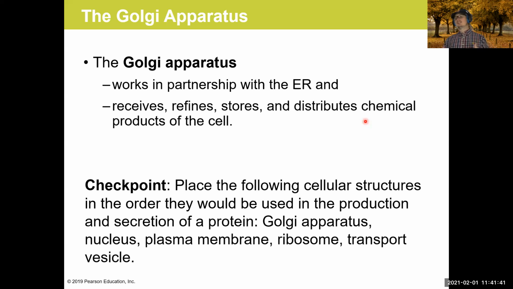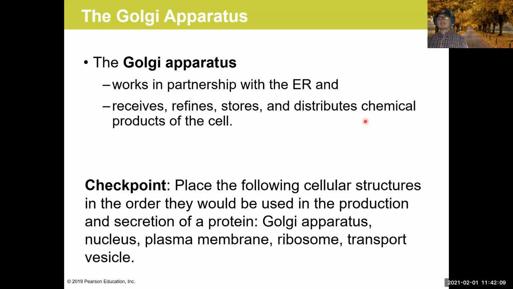And then once it needs to be transported to other places in the cell or out of the cell, it will leave the Golgi to be transported. And so that's how those two are connected, the Golgi and the ER. They're not physically connected. They're connected through those transport vesicles that will bring the products from the ER to the Golgi itself.